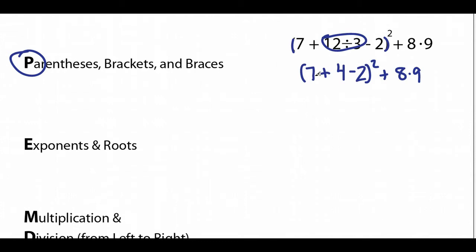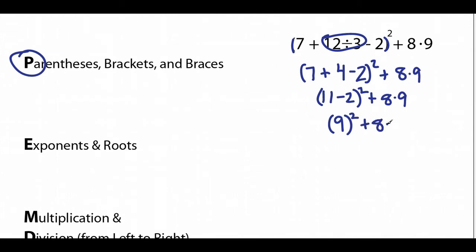And now still inside our parentheses, we don't have any more multiplication and division, so now we do addition, subtraction, left to right. So we say 7 plus 4 is 11. Drop everything else down again. Now 11 minus 2 is 9.